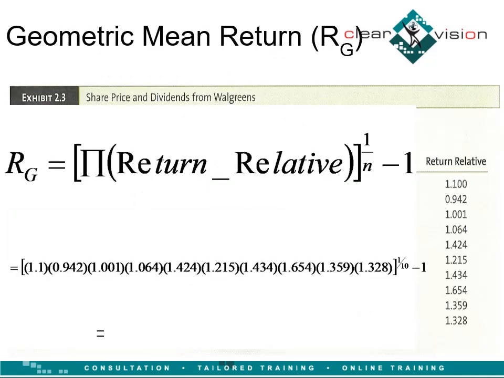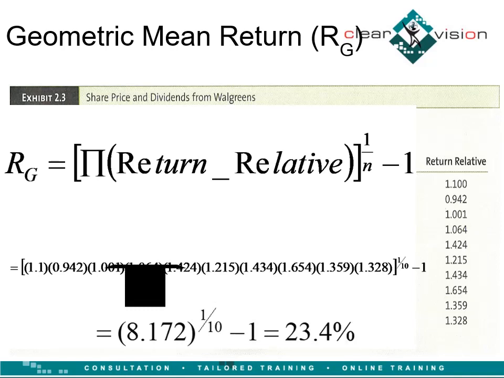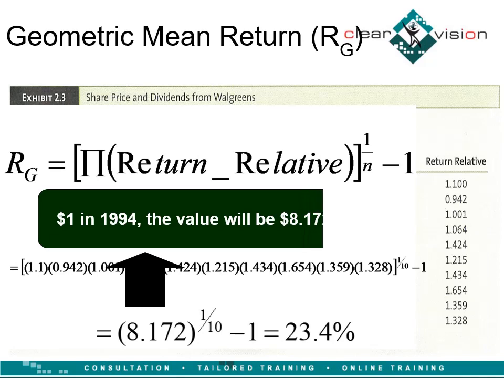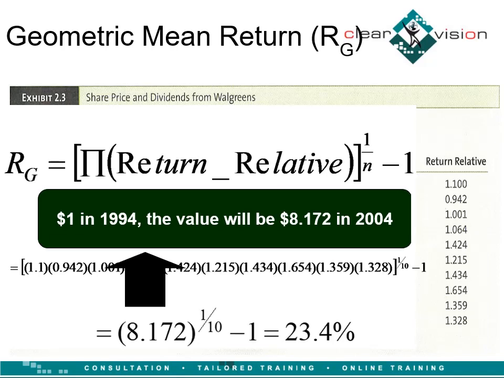For example, as we calculated the relative returns as 8.172, this means if you invest $1 in 1994, the whole value, including dividends if they are reinvested, will be $8.172.